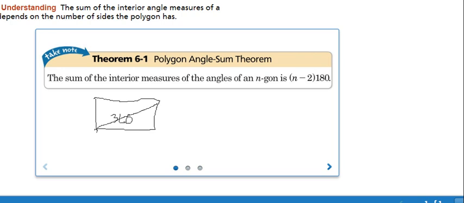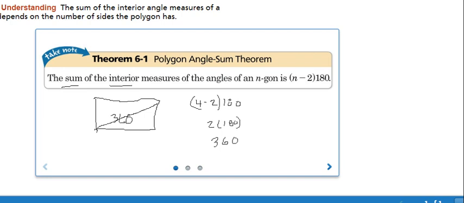If I put this into my formula, I do the same thing: 4 minus 2 times 180, which is 2 times 180, which is like two triangles, giving me 360 degrees, something we already know. So this is being able to find the sum of the interior measures.